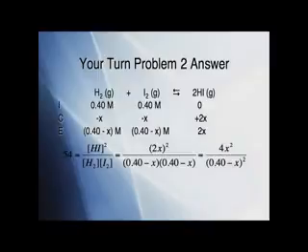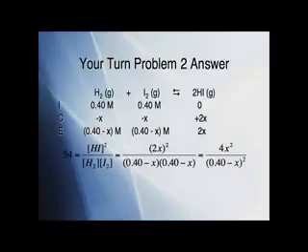Now, the change in the concentrations of H2 and I2, because the stoichiometric coefficient is 1 for each of those, would just be minus x. Because there's a stoichiometric coefficient of 2 with the hydrogen iodide, for every amount x that H2 and I2 change, the HI concentration will change by 2x.